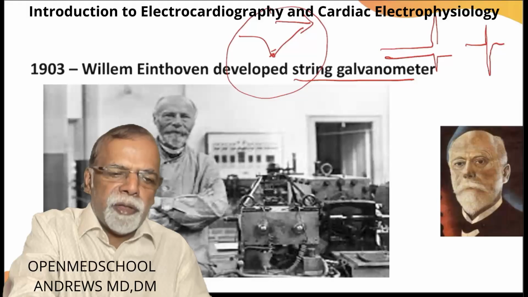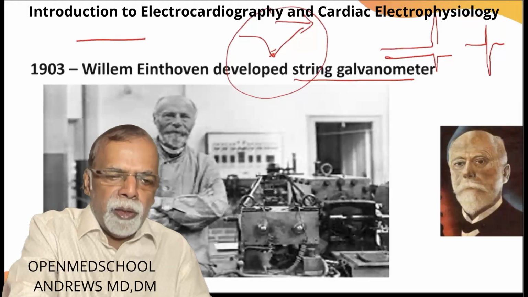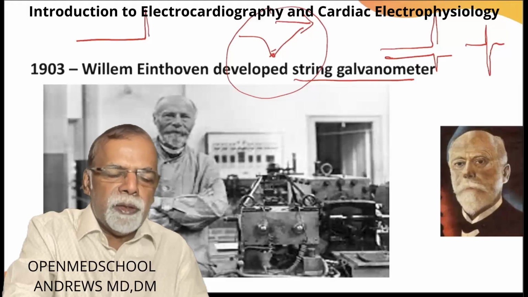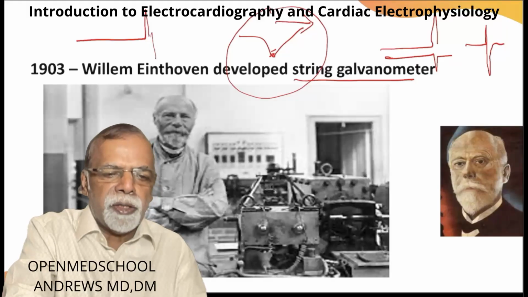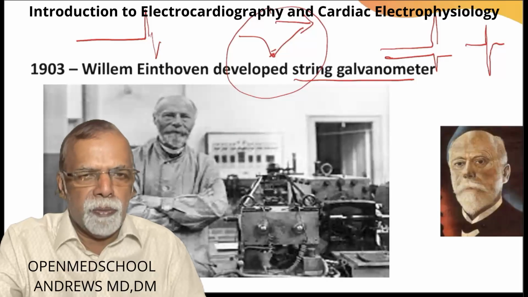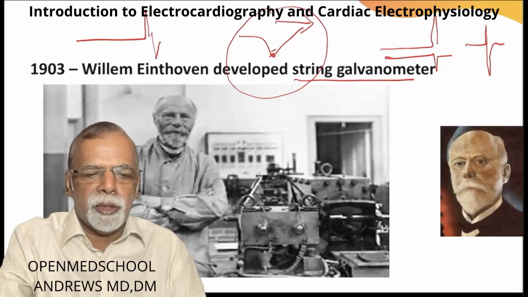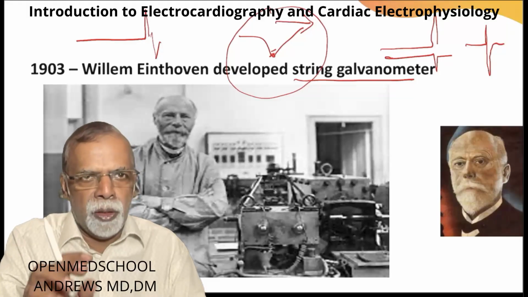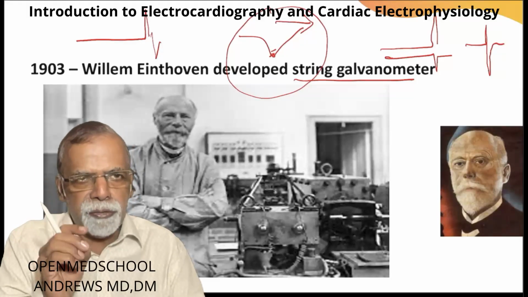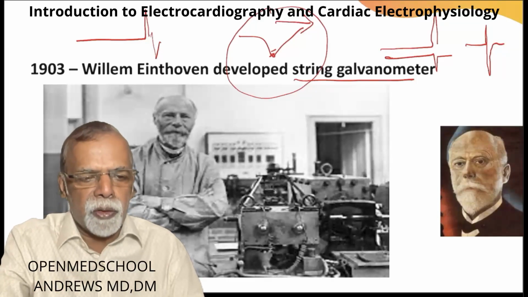In the electrocardiographic paper or electrocardiogram, the deflection going upwards is positive, deflection going downwards is negative. This is in contradiction to what is mentioned in neurophysiology or neuroelectrophysiology. So this is the Einthoven. So the machine is electrocardiograph. It is a modified galvanometer. The recording is electrocardiogram.